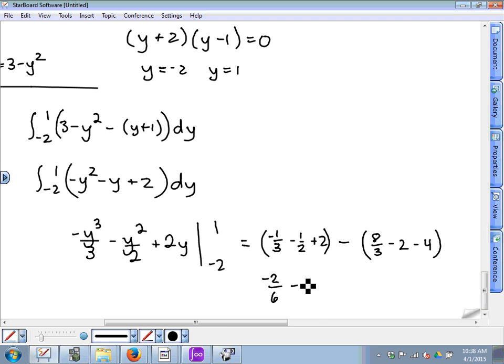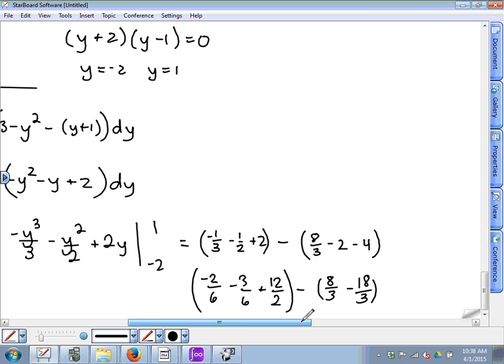So negative 2/6, 3/6, plus 12/6. Minus, so we have 8/3, that's a negative 6, that's negative 18 thirds.